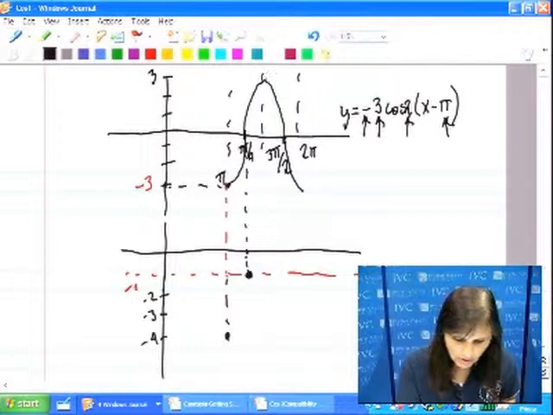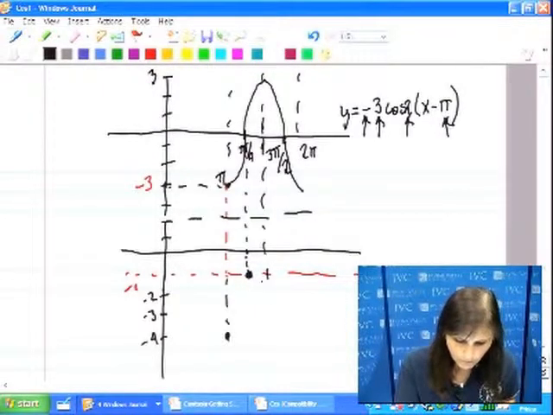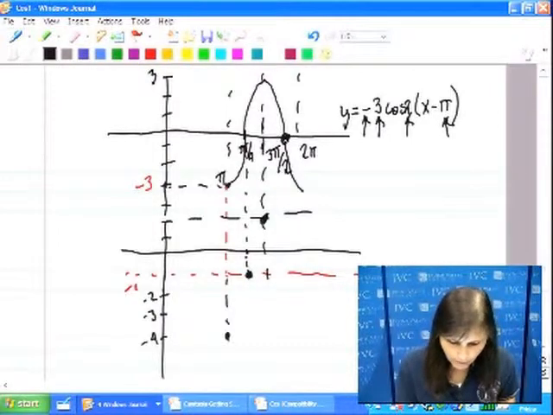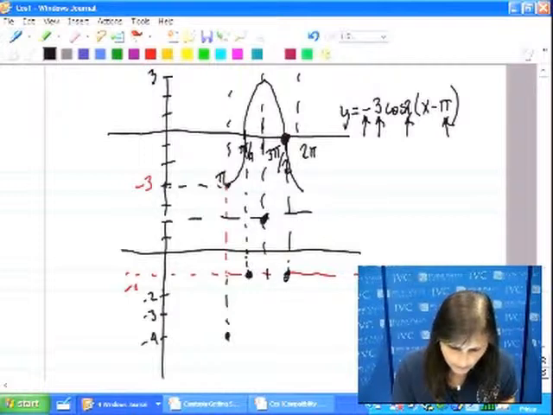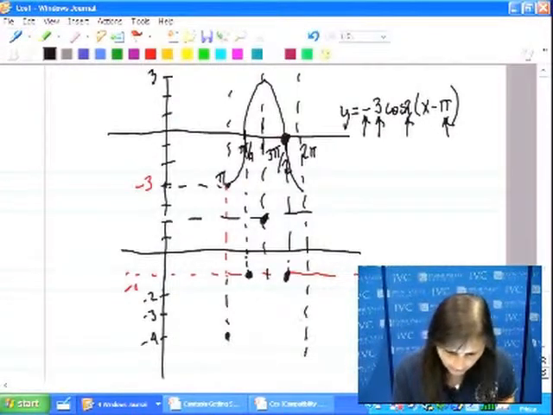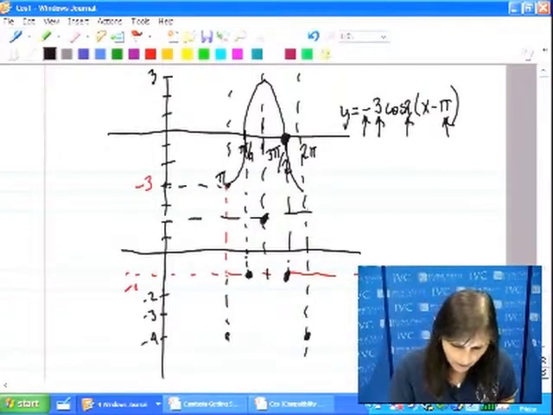And this used to be at 3, so it's going to move down to 2. So this is going to move down to negative 1. And this is going to move down to negative 4. It used to be negative 3. Move down one step. So it's going to keep its shape.